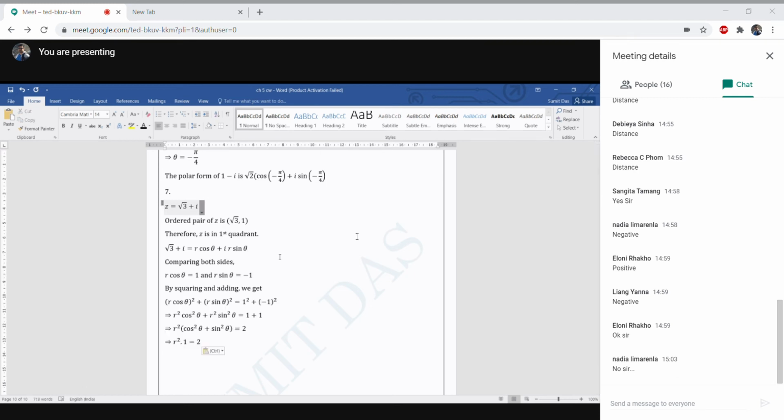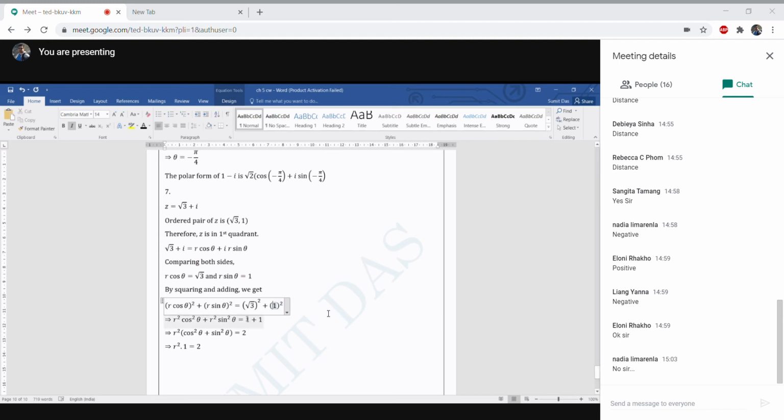Comparing both sides, r cos theta here is square root of 3, and r sin theta will be 1. So by squaring both sides, it will be square root of 3 squared plus 1 squared.